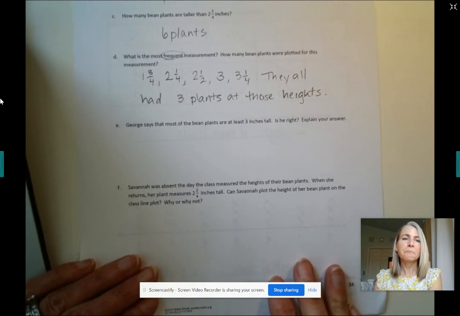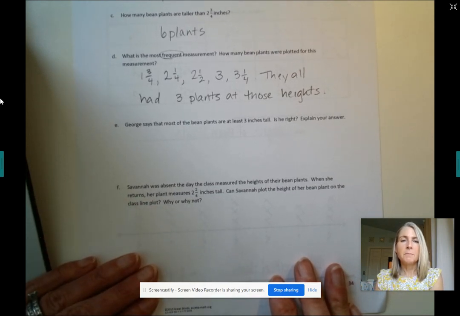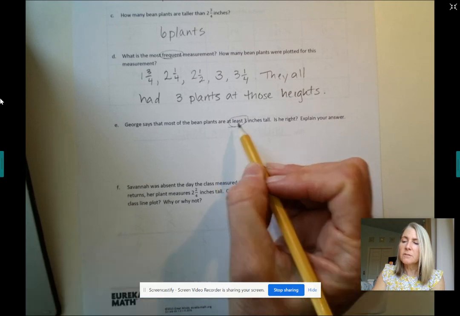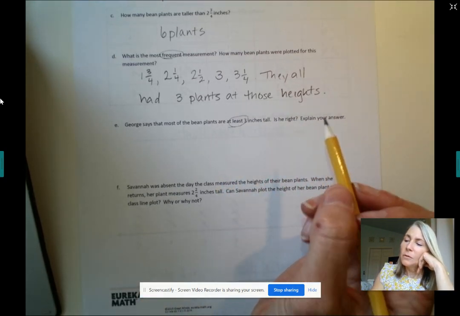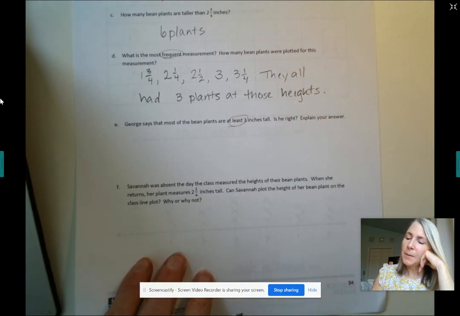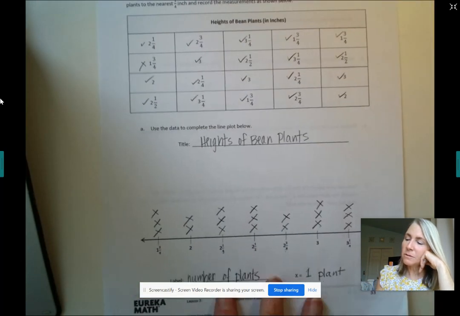All right. George says that most of the bean plants are at least 3 inches tall. Is he right? So let's go back here. George says that most of the bean plants are at least 3 inches tall.